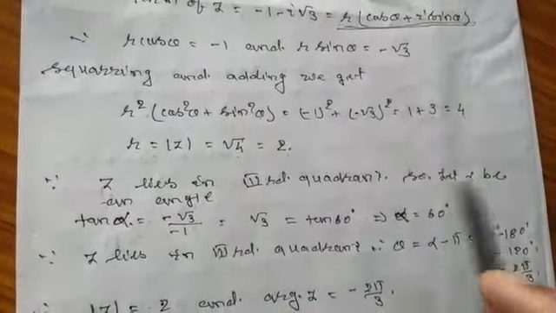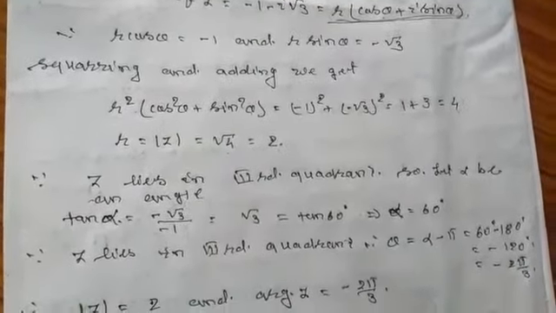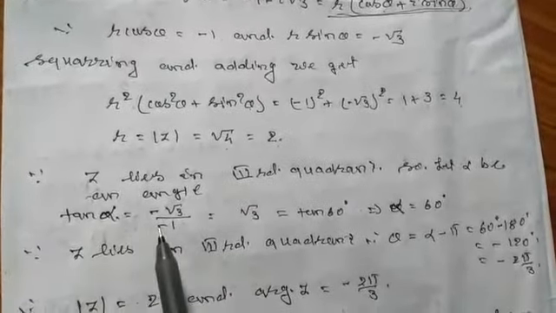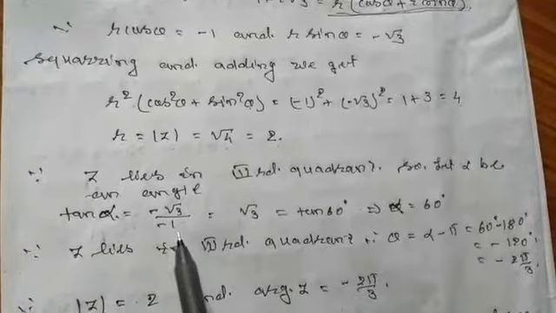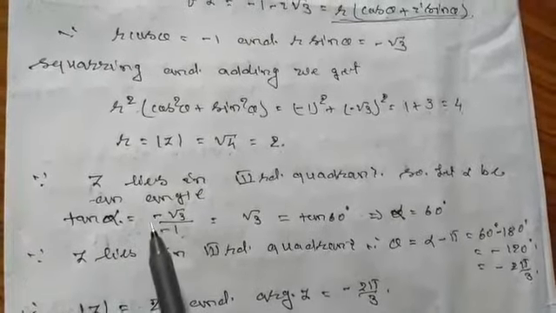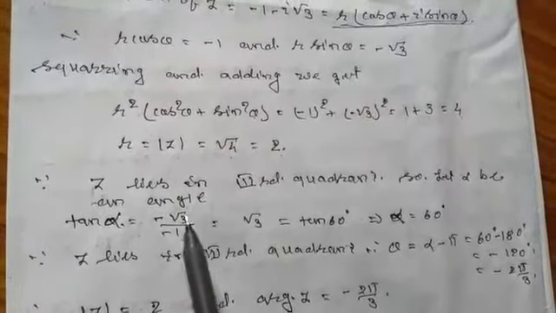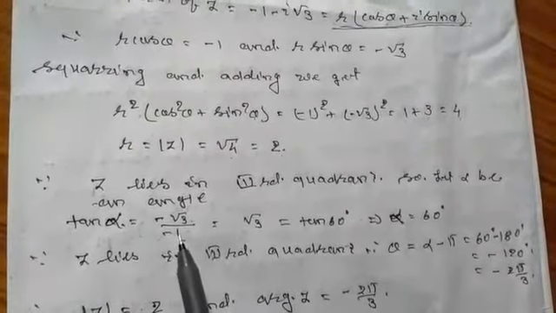So let alpha be any acute angle. Then tan alpha equals minus root 3 by -1, because we know that tan alpha equals b by a, and b is minus root 3 and a is -1.